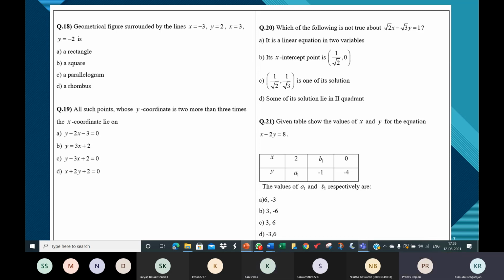Ma'am, y is equal to 2 is parallel to the x-axis, 2 units on the right side, ma'am. When it's parallel to the x-axis, there is no right and left side. Above, ma'am. Y is equal to 2 is a line parallel to the x-axis, above the zero, ma'am.